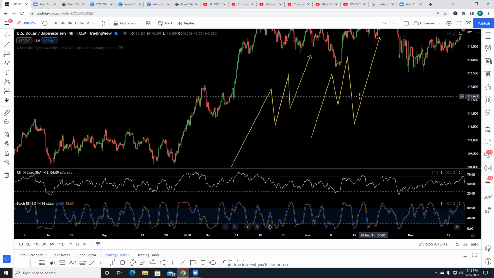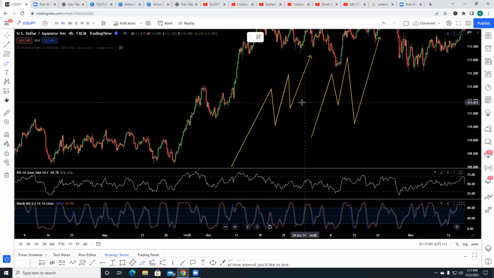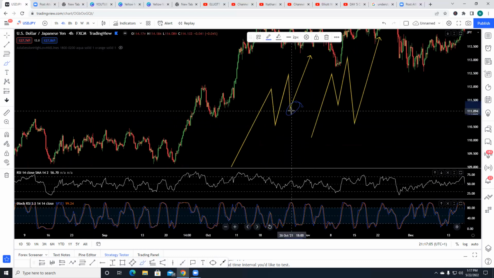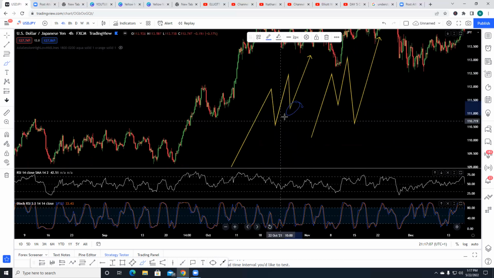How do we know that this particular running flat is not going to transform itself at this moment? Indicators will tell us that this transformation will not take place. Those are the things I want to let you know.